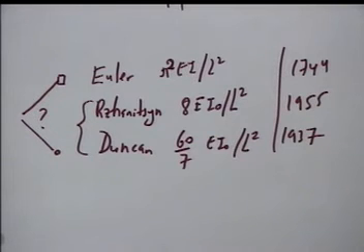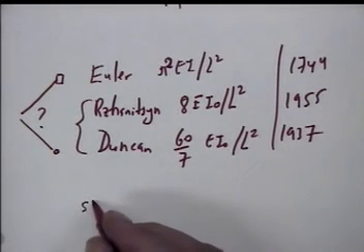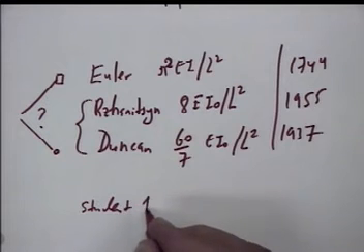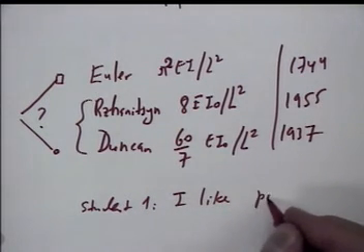Mr. Penteras. Euler's is nicer. Why? Because it's old. You like old wine. Oh, pie. Okay. I like pie.